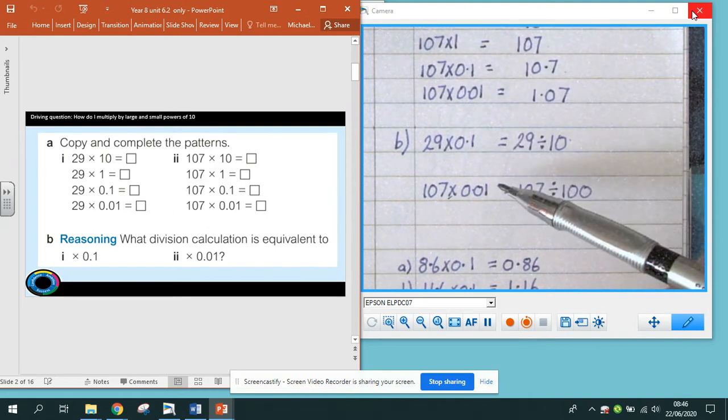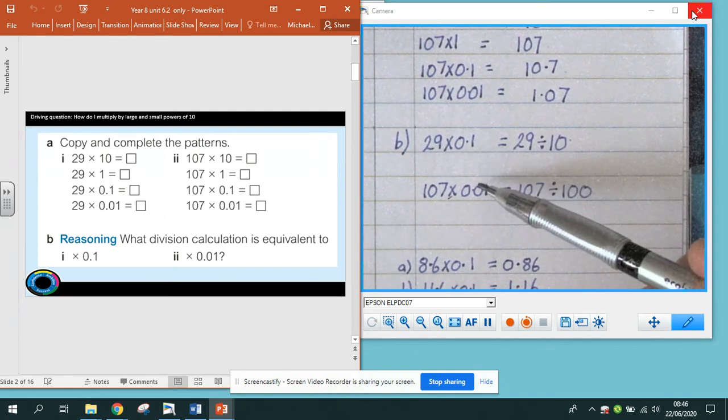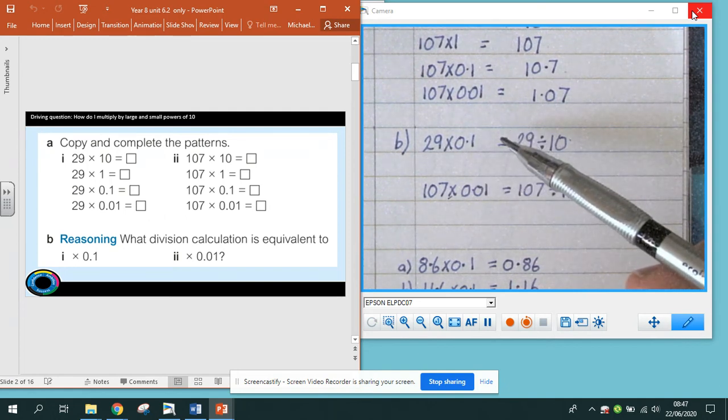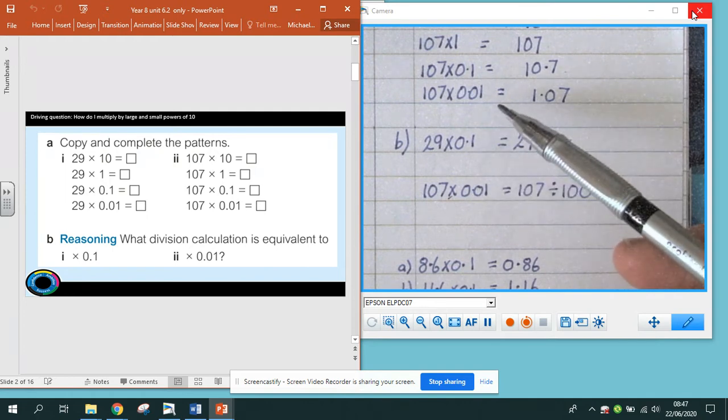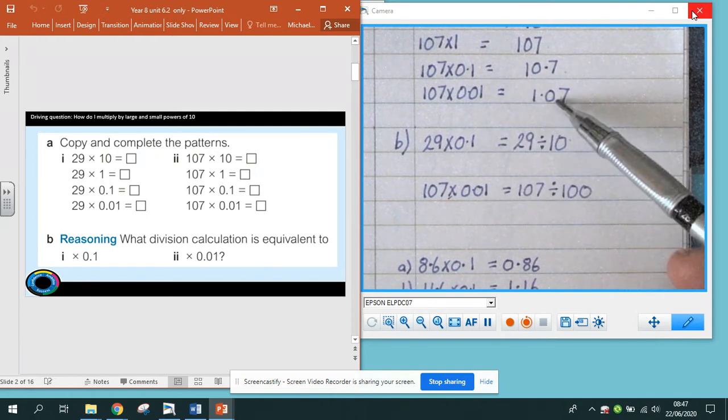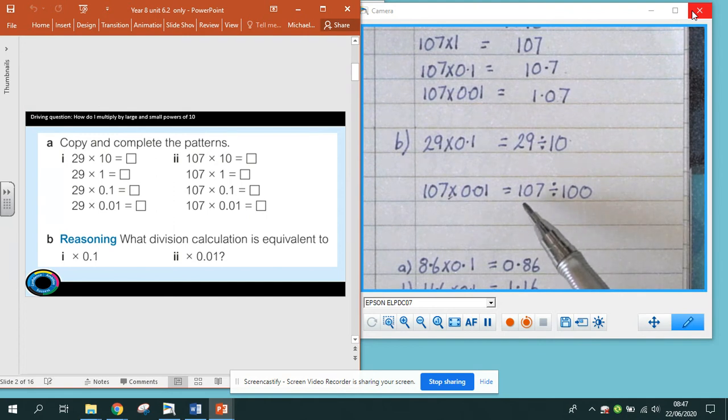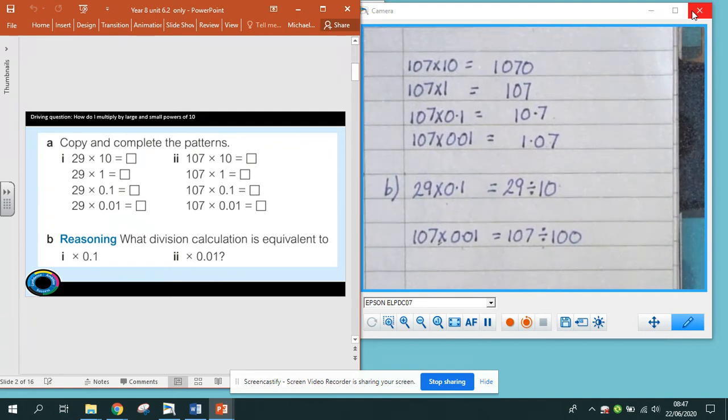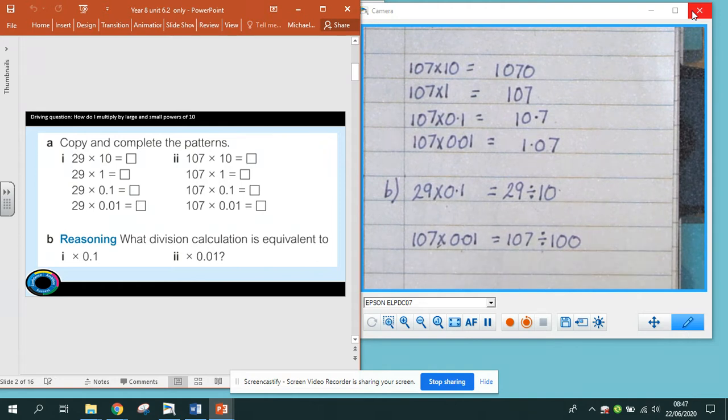Well, 107 times 0.01 gives me an answer of 1.07, and that is the same as 107 divided by 100. So you should be able to see now there's a little bit of a pattern going on, a similarity that perhaps we'll use later to look at what happens when we multiply by powers of 10 and divide by small powers of 10. There's a little bit of similarity going on there.